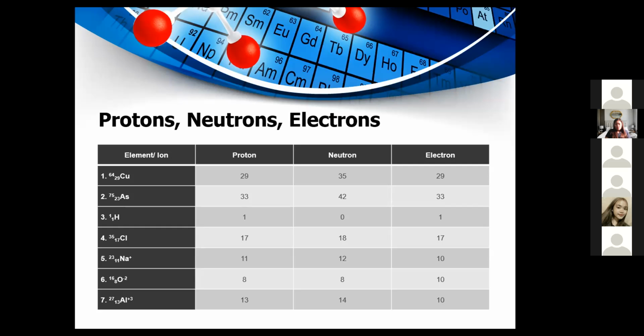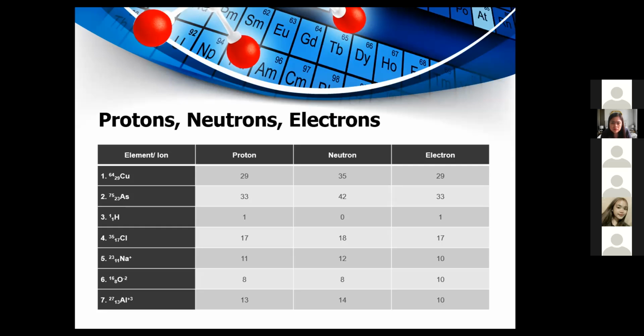In finding the neutron, it is atomic weight minus proton. So our atomic weight is 64 and our proton is 29. Therefore, our neutron is 35, because 64 minus 29 is equal to 35. In finding our electron, it is equal to our proton since there is no charge here.